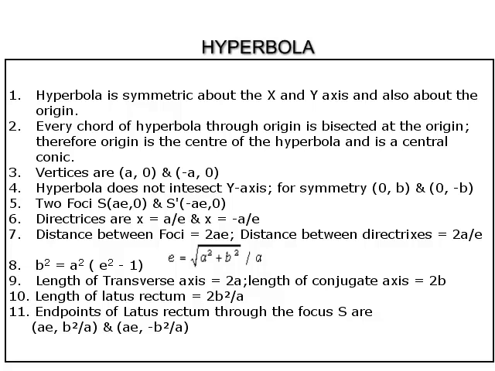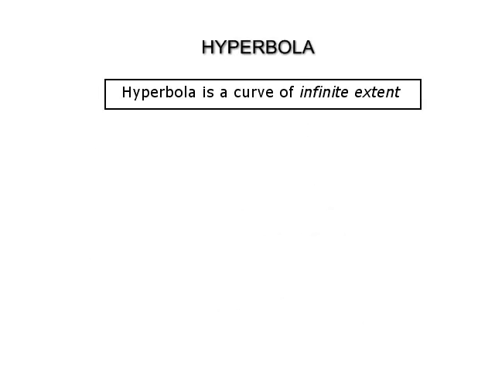This hyperbola has two latera recta. Length of each latus rectum is 2b square upon a. Endpoints of latus rectum through the focus S are (ae, b square upon a) and (ae, minus b square upon a). Hyperbola is a curve of infinite extent.